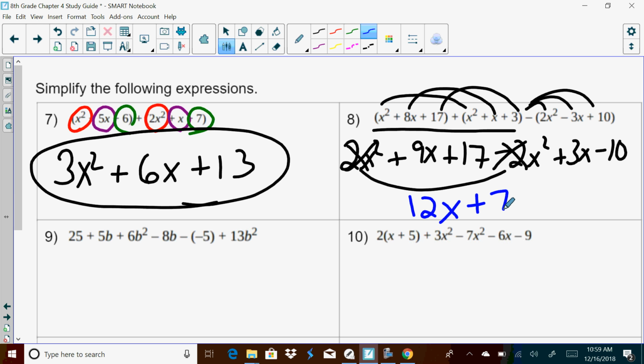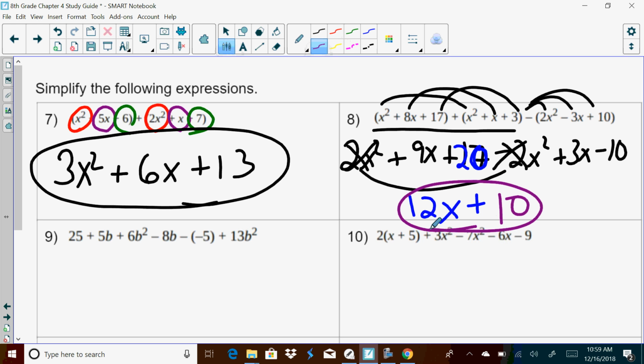So I got 12x. Oh, 17, this should be a 20. 20 minus 10 is going to give me 10. So I get 12x plus 10.